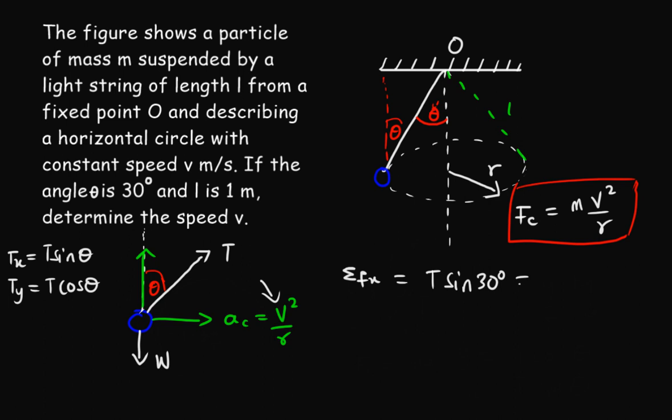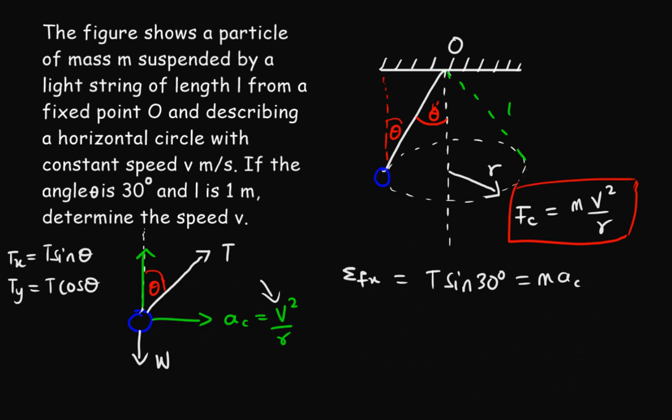And then this will be equal to mass times centripetal acceleration in the x direction. So let me make it m a_c. So now what you are doing is that from Newton's second law of motion, we know that the net force acting on a particle is equal to what? The mass and then the acceleration of the particle.